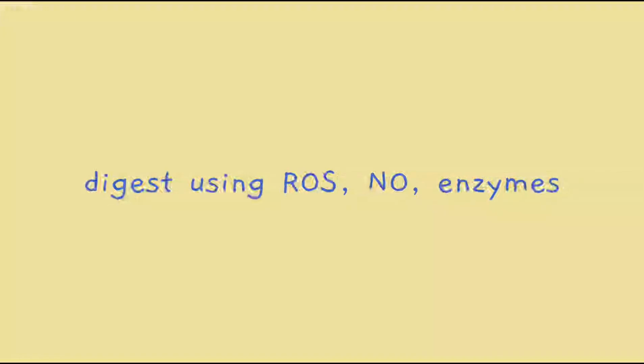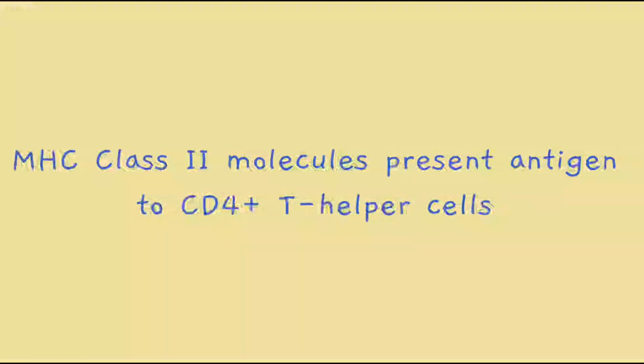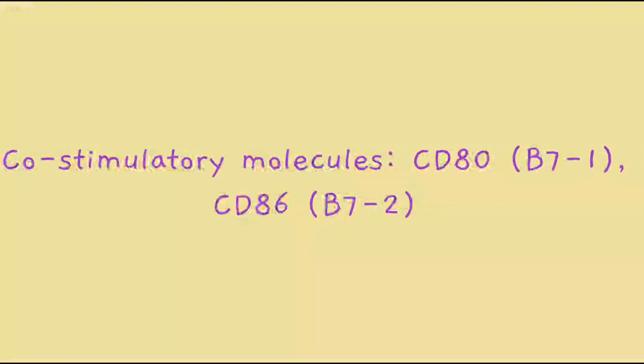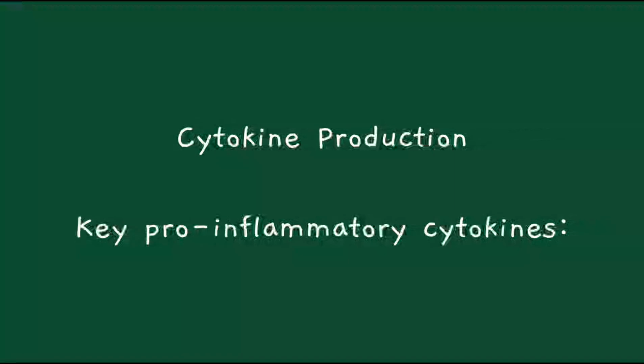Then antigen presentation: MHC class 2 molecules present the antigen to CD4 plus T helper cells. There are co-stimulatory molecules like CD80, that is B7-1, and CD86, that is B7-2. It is less efficient than dendritic cells but still efficient. Then there is cytokine production, with key pro-inflammatory cytokines like interleukin 1, interleukin 6, TNF alpha, interleukin 12, and interleukin 10.